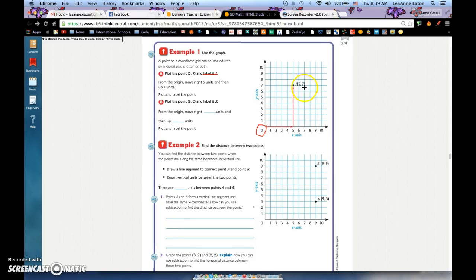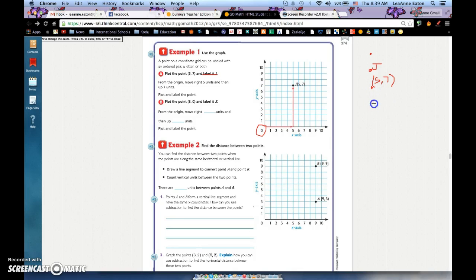And then they also put the ordered pair. You can label it just like this. You can put just a dot. You could put a dot and the letter J. So you can have a dot, you can have dot J, or you can have dot (5, 7), and this is the ordered pair, so it always goes in parentheses.